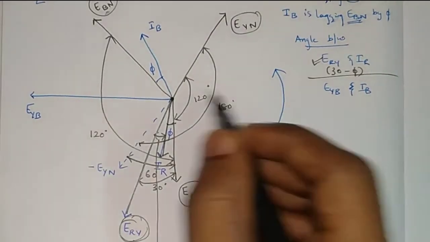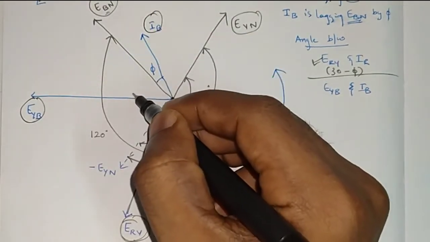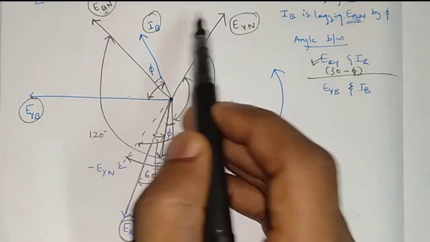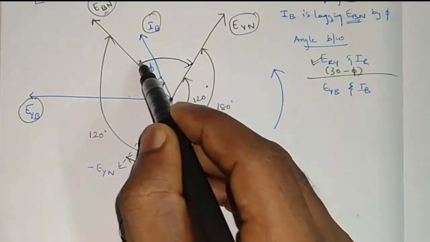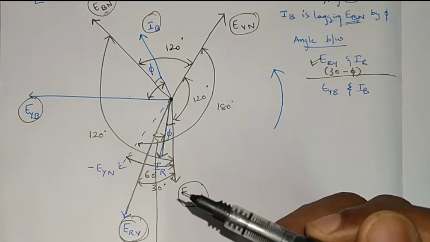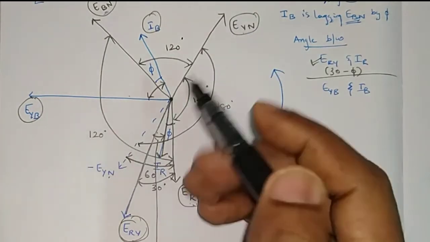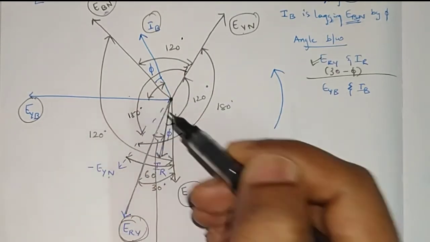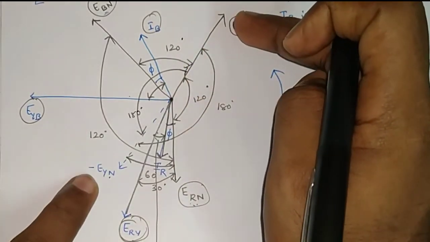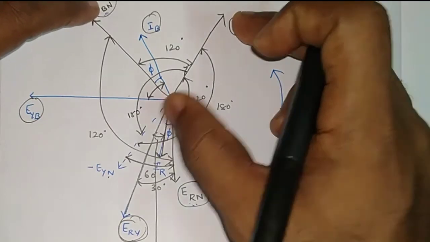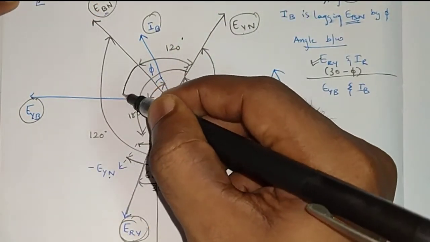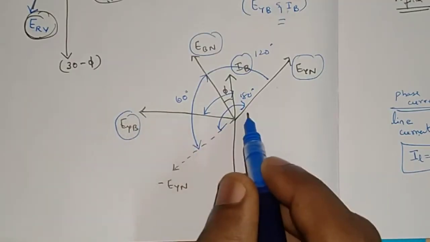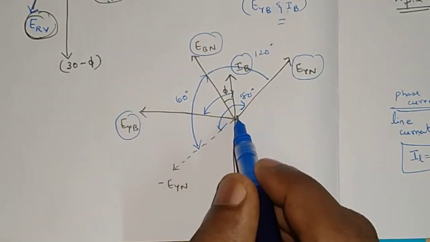Now I am going to find out the angle between EYB and IB. To find this angle, you know EBN and EYN, the angle difference is 120 degrees. Then EYN and minus EYN is a straight line, so the angle will be 180 degrees. So this is 180 degrees and this will be 120 degrees. So 180 minus 120, the remaining angle will be 60 degrees. You know that EYB is the resultant vector which we have drawn exactly in the middle.